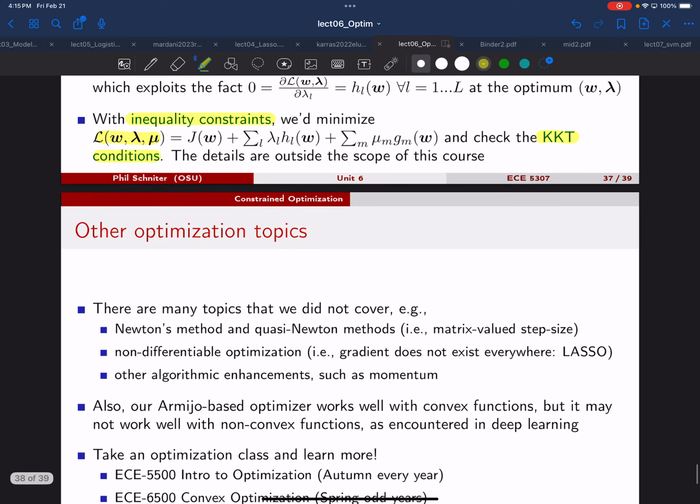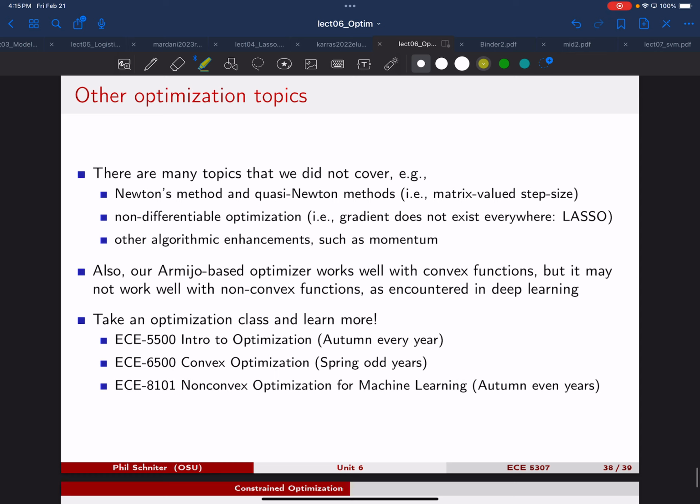All right, so if you're interested to learn more, we have some great optimization courses. We have 5500, which is Introduction to Optimization, taught every autumn. We have a follow-on course on convex optimization specifically, 6500, taught odd years in the spring.